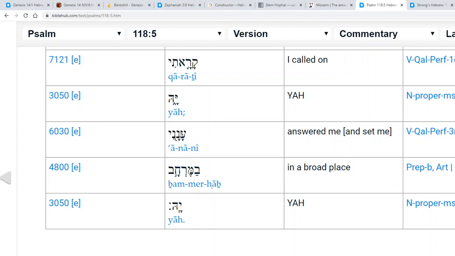Anani, right? So the root here is ayin nun hey. The hey has absconded, and don't mistake this with the root ayin nun nun. That's different. This is anani, and he answered me, right? Lahanot, right?